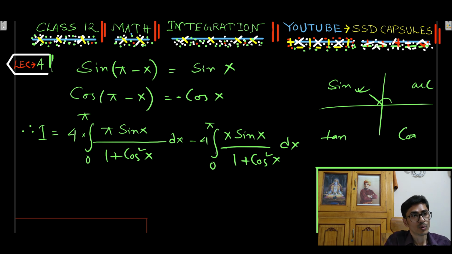So here what is the value of 4 into 0 to pi x sin x by 1 plus cos square x dx?